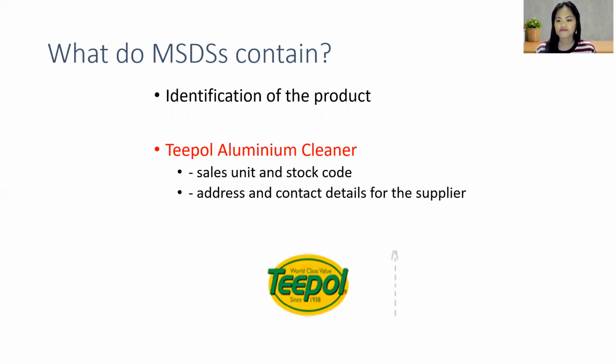First is the identification of the product. What is the name of the product? What is the chemical name of the product? What is the chemical structure of the product? For example, let's take T-Pol aluminum cleaner. It gives the sales unit and stock code, the batch number and how it was produced, and the address and contact details of the supplier.